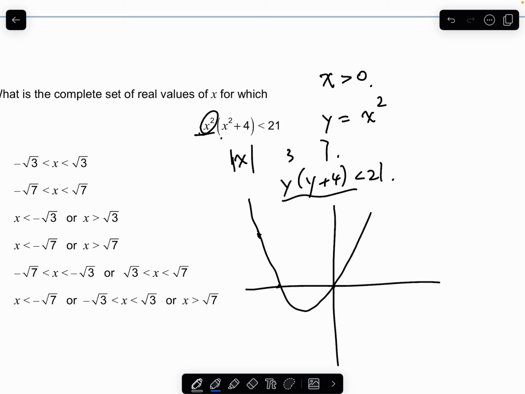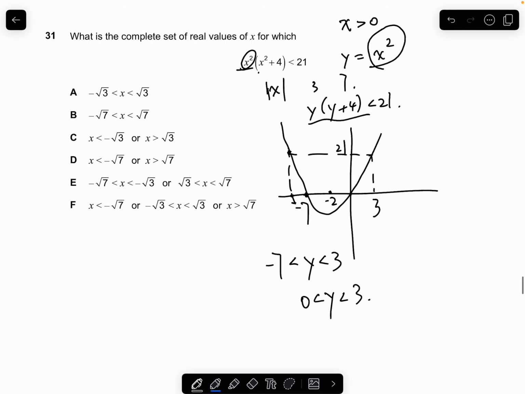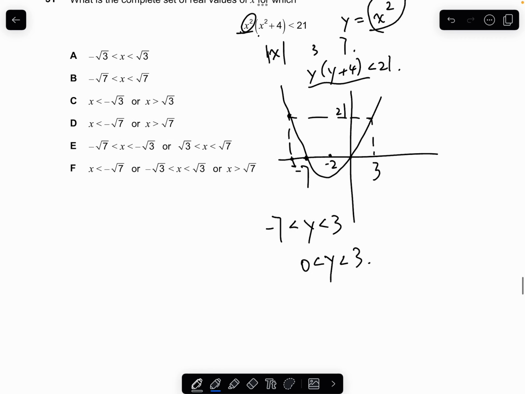And I also know that when y equals 3, it equals 21. And here we have -2, so -7. And here, -7. So I have -7 less than y, less than 3, but y is bigger than 0, so consider the left hand side.